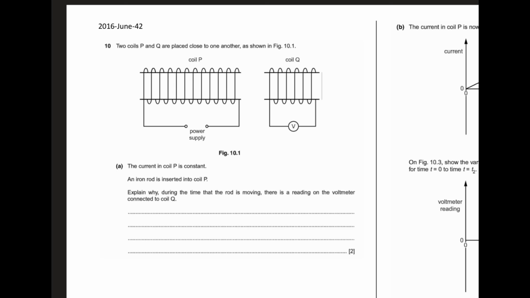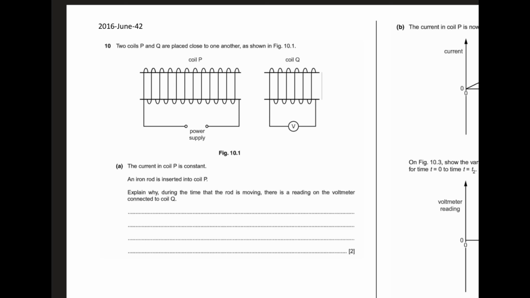Two coils P and Q are placed close to one another, as shown in figure 10.1. So part A, the current in coil P is constant. There is a power supply, so this coil P acts as an electromagnet.